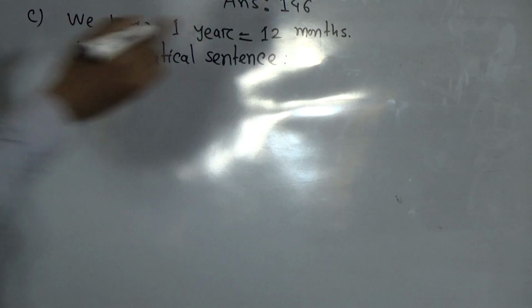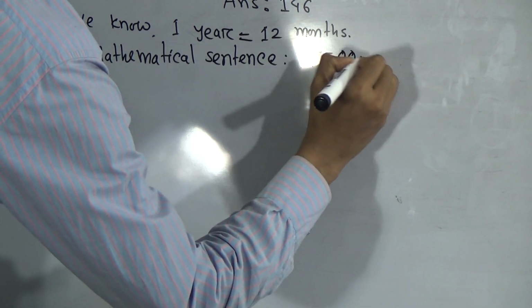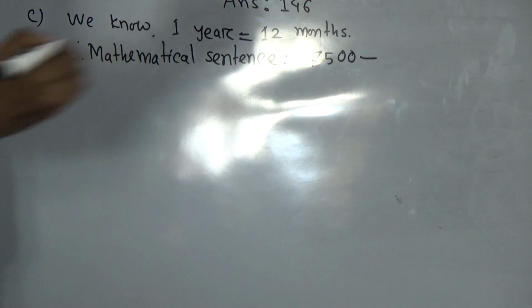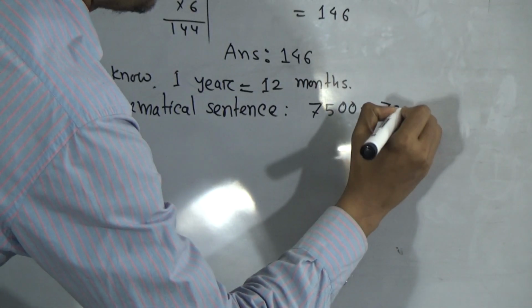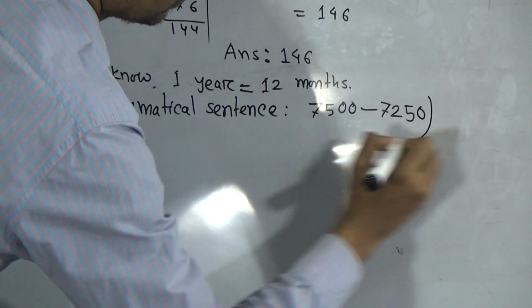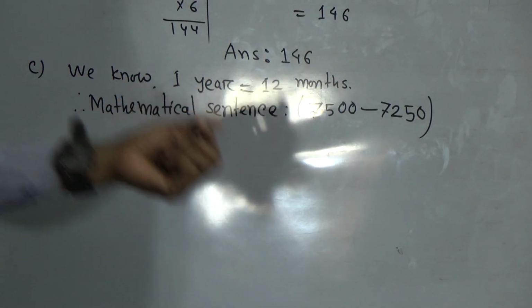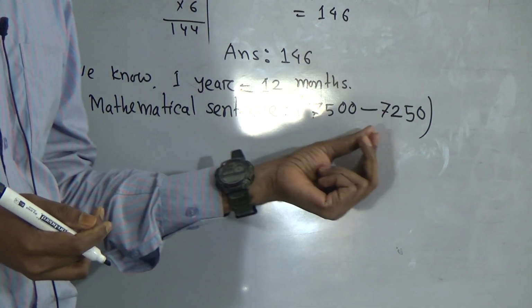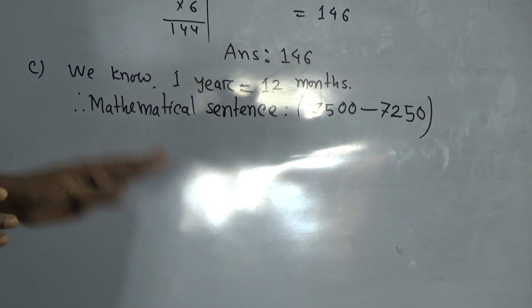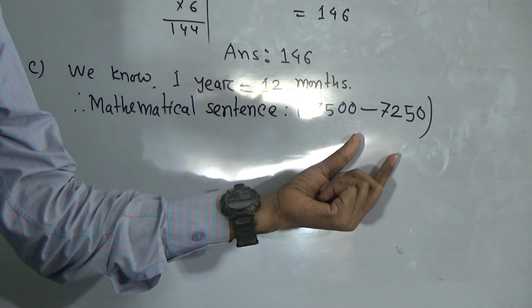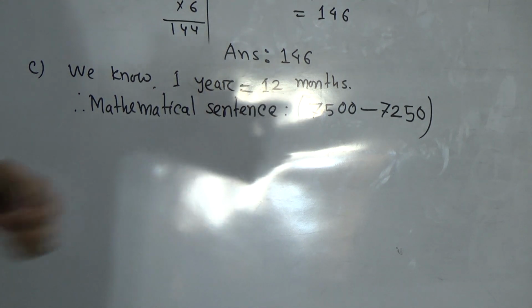Then you say, sir, 7,500, then you subtract 7,250. Okay, student, then you say, sir, the mathematical sentence will be 7,500 minus 7,250. Okay, and she will save in 1 month in taka. But our question is what? The question is, how much money does she save in 1 year?